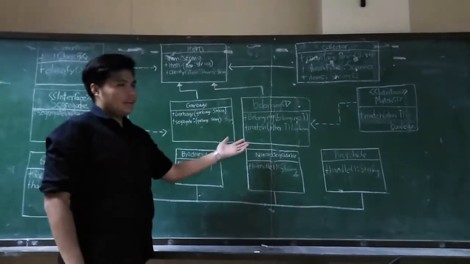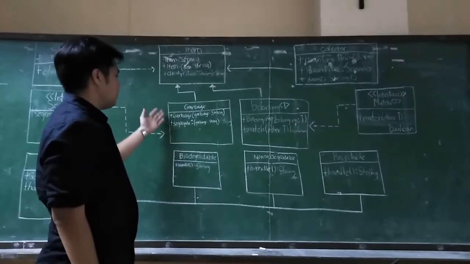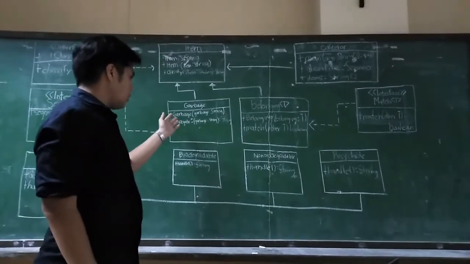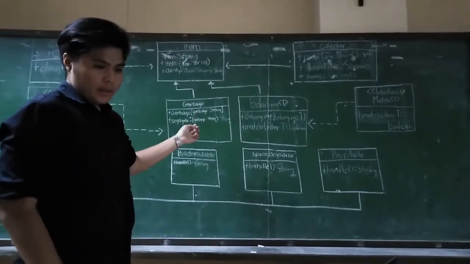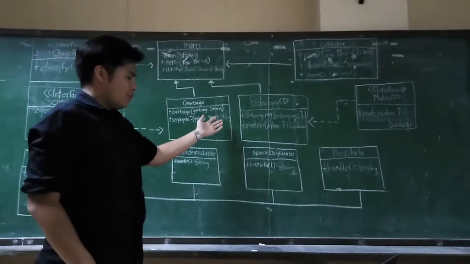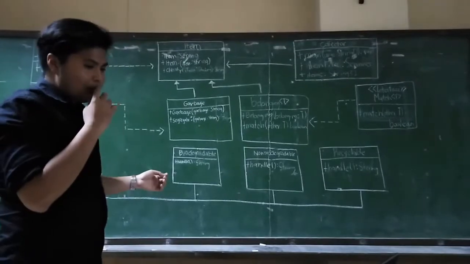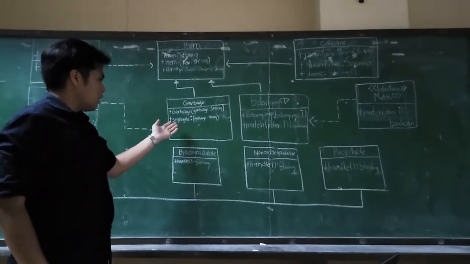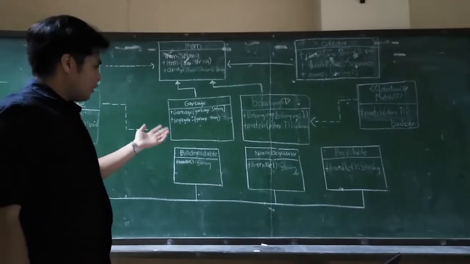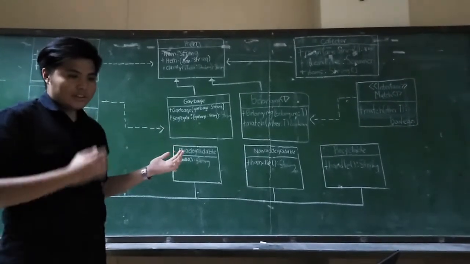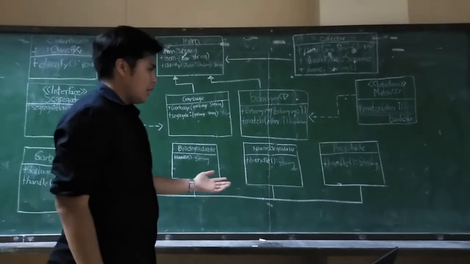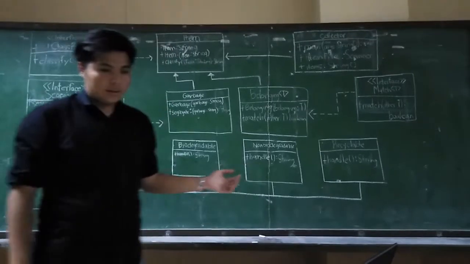Besides the belonging, sir, if the item is of type garbage, it will create a new object of the garbage type, specifying the garbage name, thus returning a string. From there, it will call the segregate method, which also returns a string, and this string value could either be biodegradable, non-biodegradable, or recyclable.